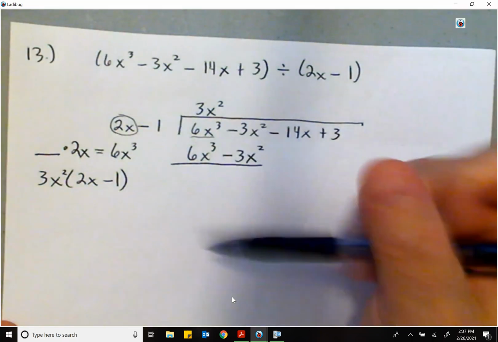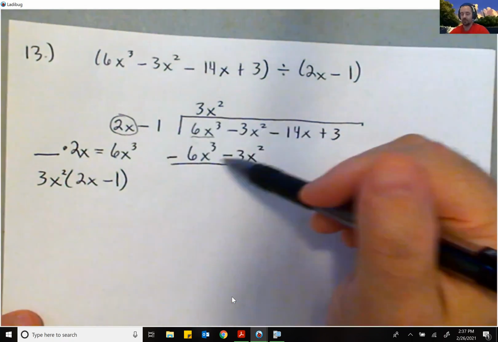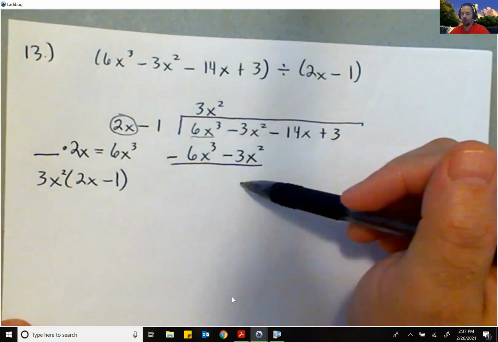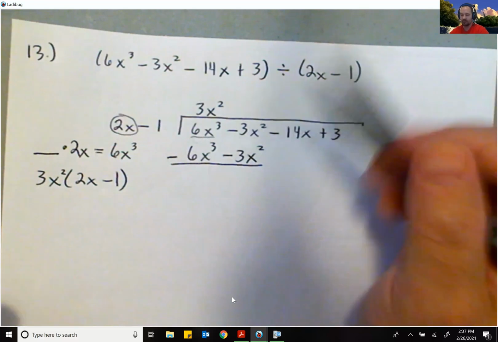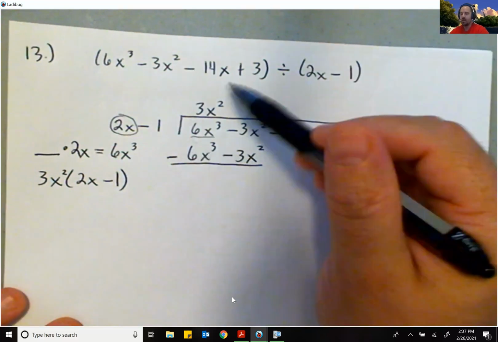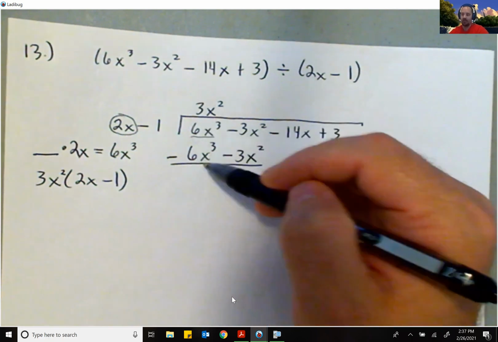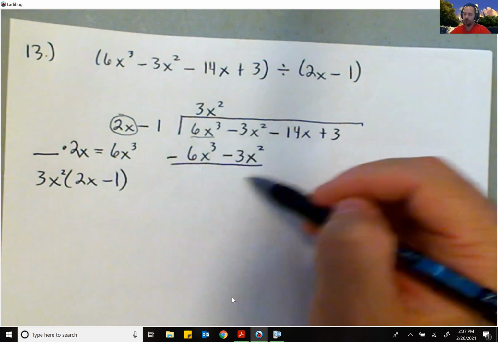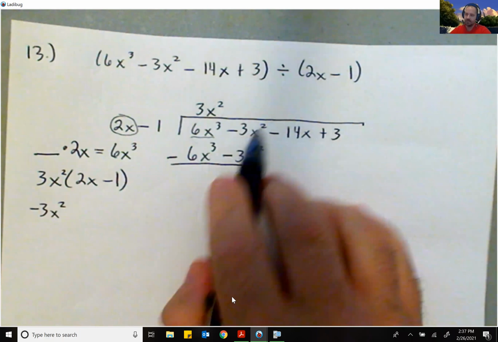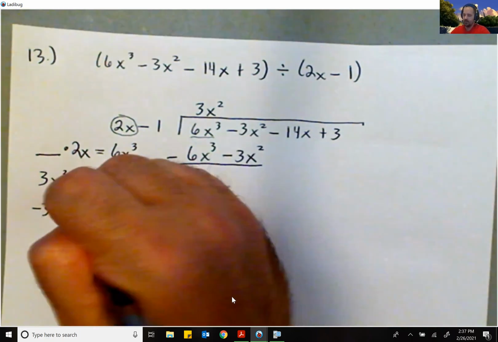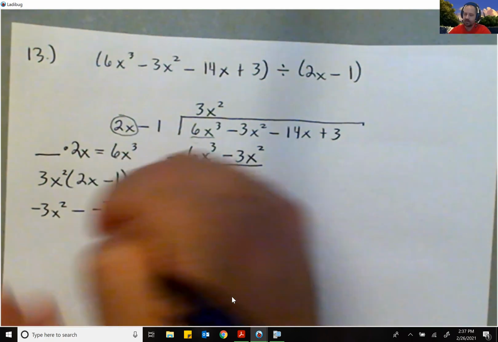Distribute the negative and then add them together. Absolutely. You can distribute the negative through here and then add down, or I don't really distribute it. That's not my style, but there's nothing wrong with that. I just know that this is subtracting down. So these two are going to cancel, which we knew was going to happen. And then over here, you have negative 3x squared, that's the top, minus another negative 3x squared. I always just think about it as subtracting down.